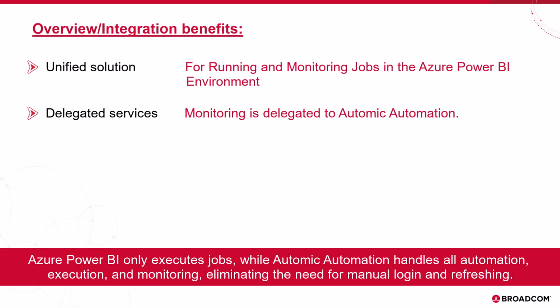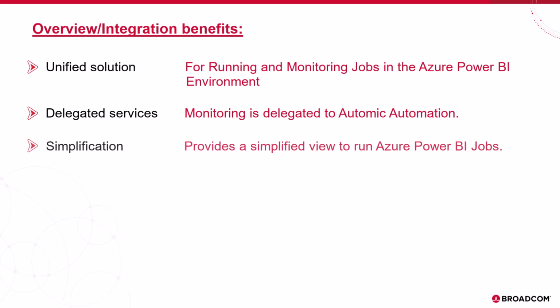This means that we don't have to log into the Azure Power BI environment and keep on refreshing it by ourselves. Automic Automation manages all the execution and monitoring aspects. The Automic Automation integration provides a simplified view to Power BI jobs.